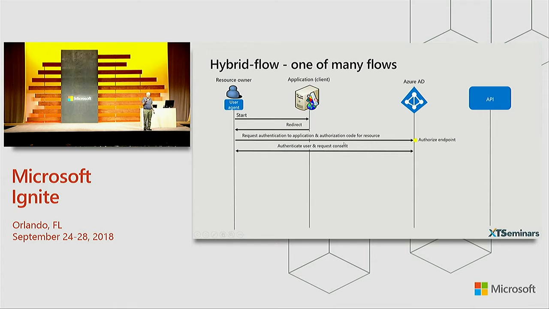We don't have to have users consent because we can have admin consent. And having done that, what we do is return a cookie. It's not one cookie, it's lots of cookies. We return the cookie, and what we've been asked for. Well, in this case, because it's hybrid flow, we've been asked for an ID token to the front-end application and a code, which can be translated into an access token to a back-end resource.